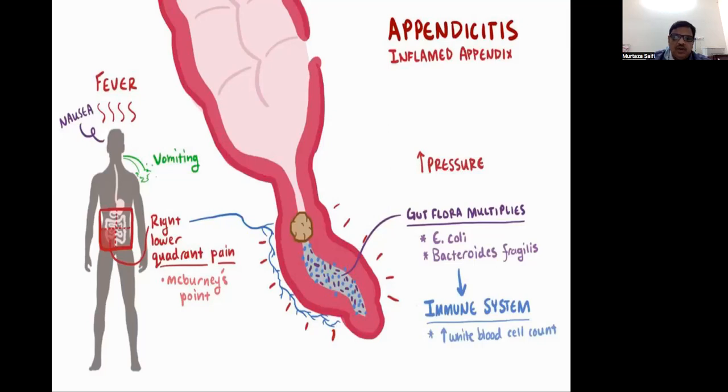This is a very important picture. It shows right lower quadrant pain, pain at McBurney's point, fever, nausea and vomiting, and also shows the pathology: appendicitis, inflamed appendix, increased pressure, increased gut flora in a patient with decreased immunity, and increased WBC count.